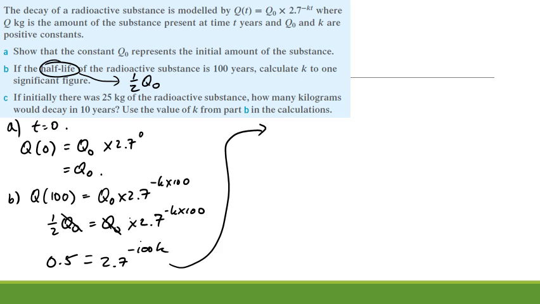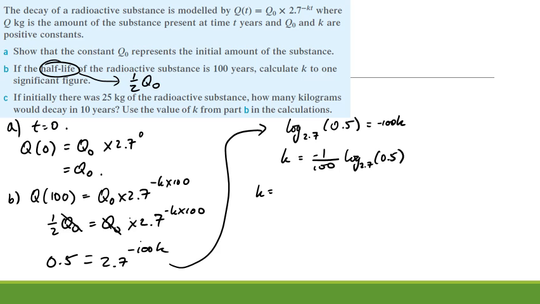So rearranging this, we would have log base 2.7 of 0.5 equals negative 100k. So then k is equal to negative 1 over 100 times log base 2.7 of 0.5, and then we can simply put it into the calculator from here, which gives us 0.007.